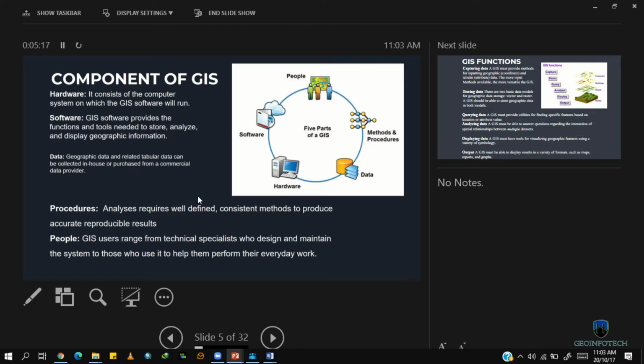Can anybody tell me any software we can use in GIS? Global Mapper, yes. Anyone else? So we have AutoCAD, Google Earth, and Google Earth Engine. We have a lot of them like that.